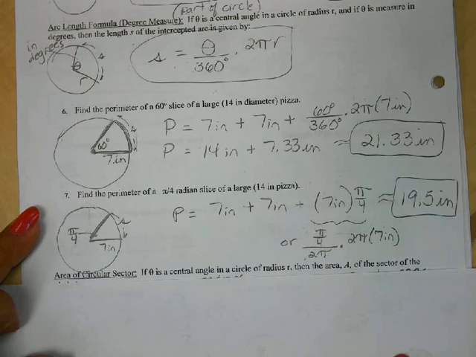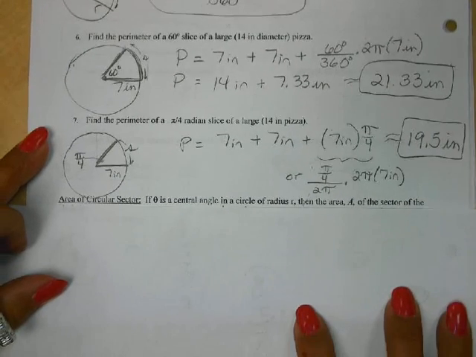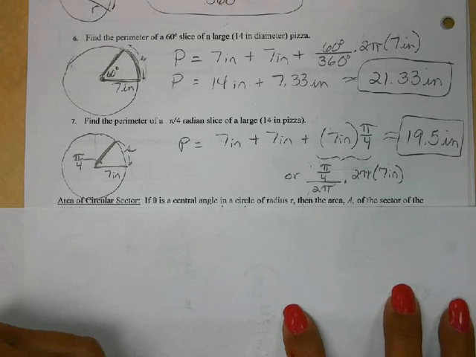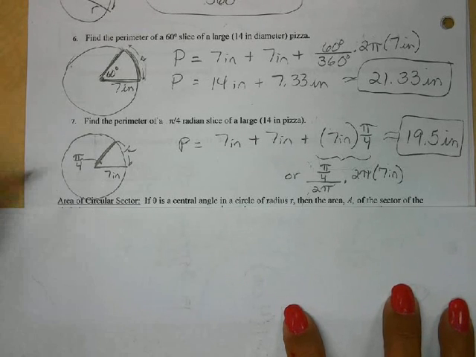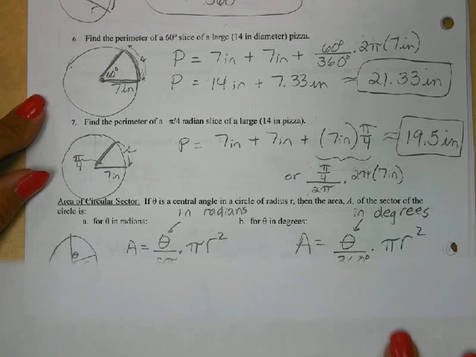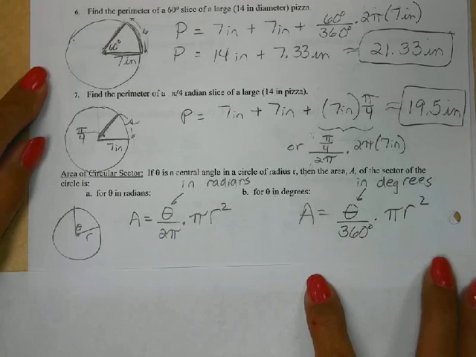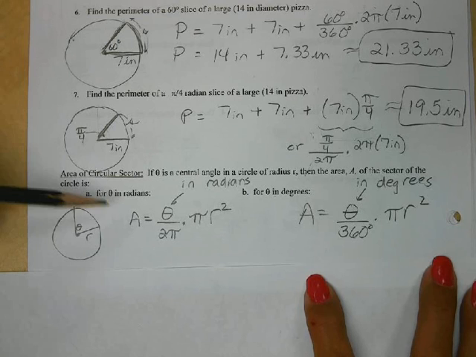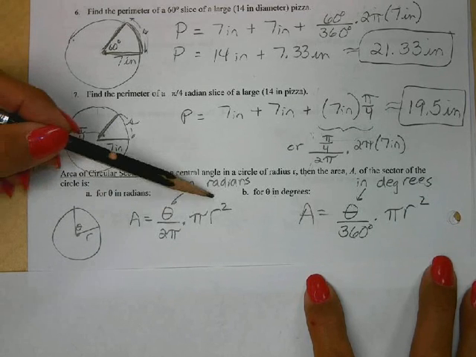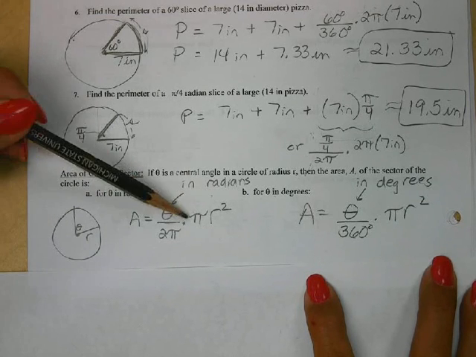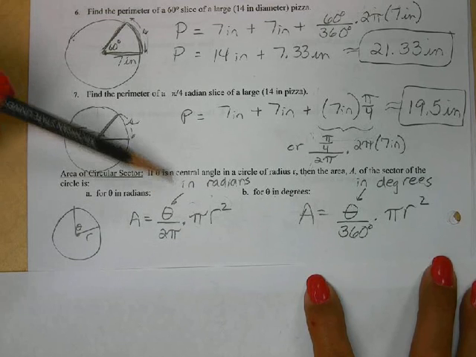Now, if we're going to calculate the area of a pie sector, we'd want to use exactly the same type of proportional reasoning. We know how to find the area of a circle. Area of a circle is pi r squared. And if you want to have a fraction of that area, I can likewise do the same type of computation.